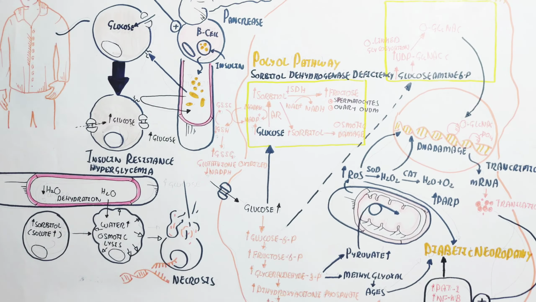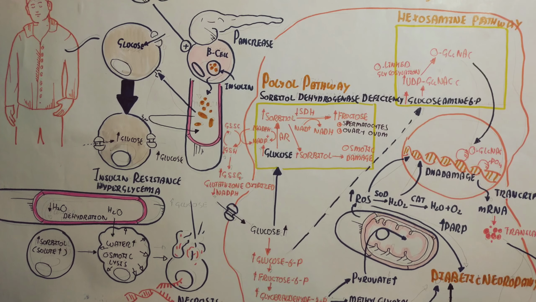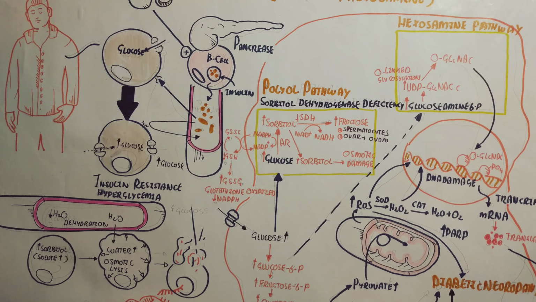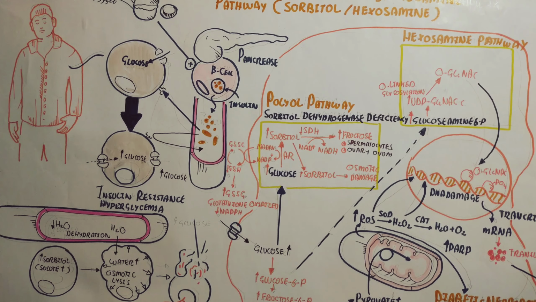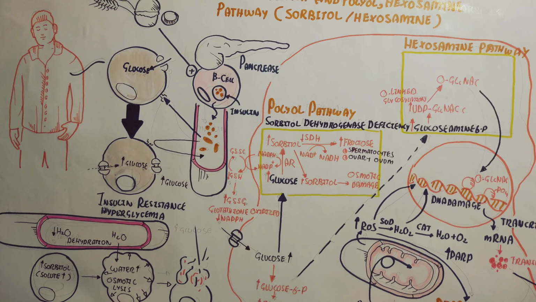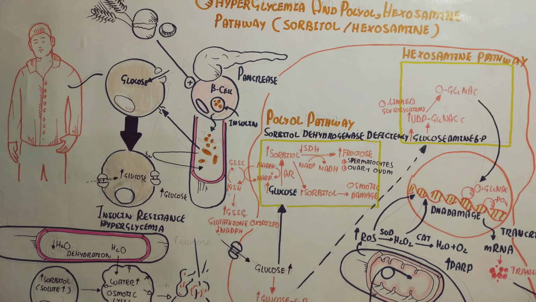On the other hand, activated protein kinase C also activates certain inflammatory mediators. These inflammatory mediators damage the blood vessel and cause diabetic neuropathy, because the nerve does not get nourishment from the blood.